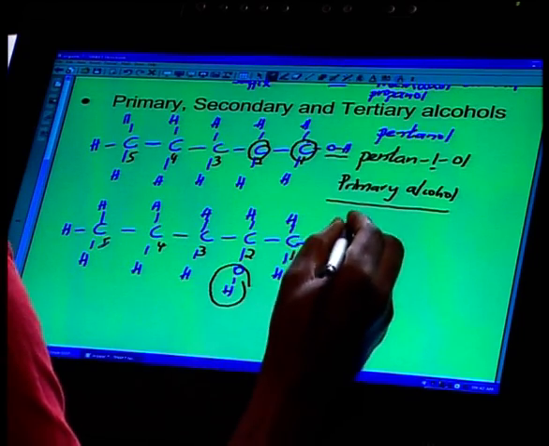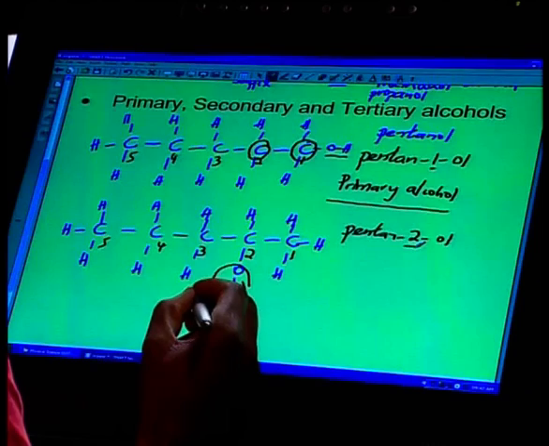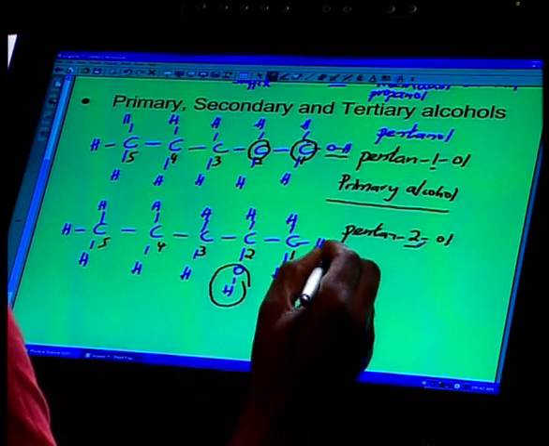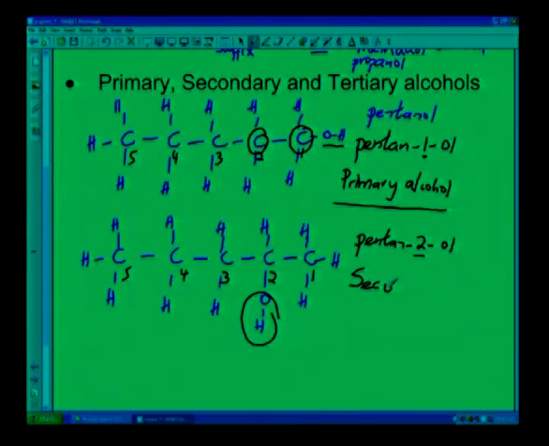Now, this, in IUPAC terms, will be called pentan-2-ol, saying that the carbon with the OH bond is carbon number 2. Again, we will call this a secondary alcohol. Why secondary alcohol?